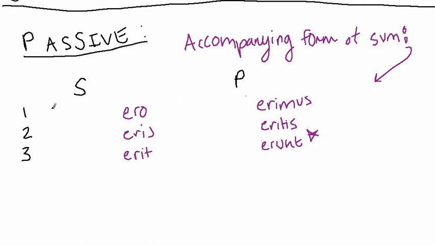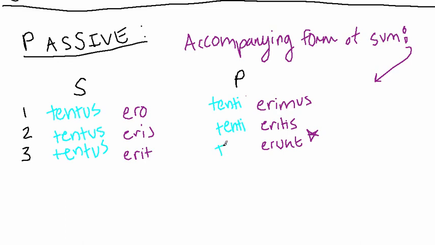So I said masculine. So tentus is going to be in every space in this column. And then tenti is the masculine plural form of the nominative. Okay, so there you go.